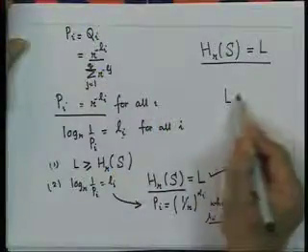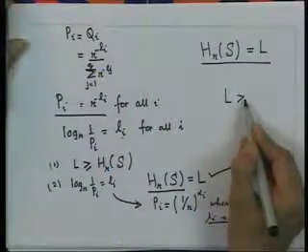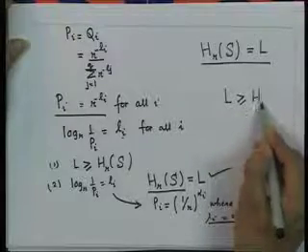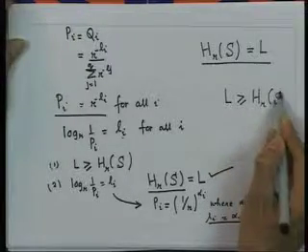Now, let us try to answer some of the coding questions raised earlier in the light of what we have studied today, an important relationship which says that L should always be greater than or equal to H_r(S).